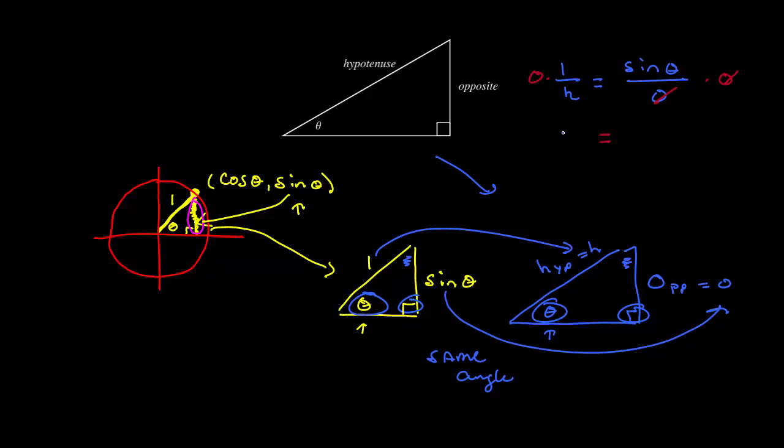And on the left side, I have, well, this is really O over 1. So when you multiply fractions, top by top, bottom by bottom, you get O over H is the sine of theta. And that's what we want to prove.